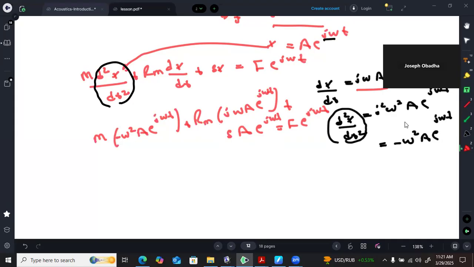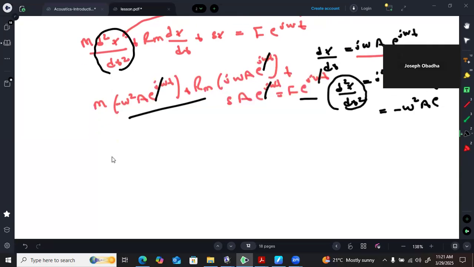If we cancel out the e^(jωt) on the left-hand side, we can factor this out, then it cancels with what we have on the right-hand side.